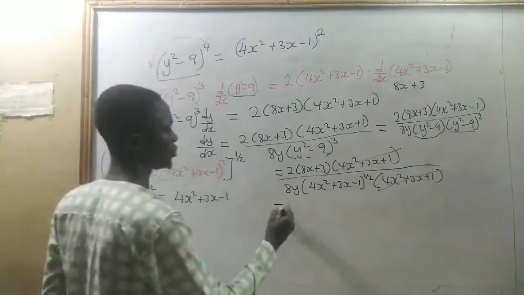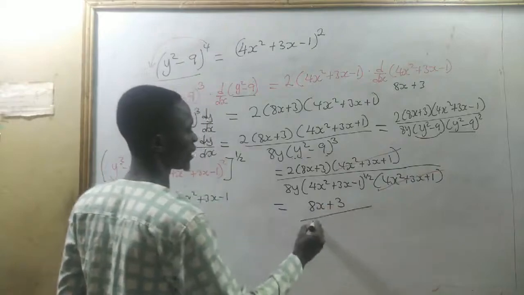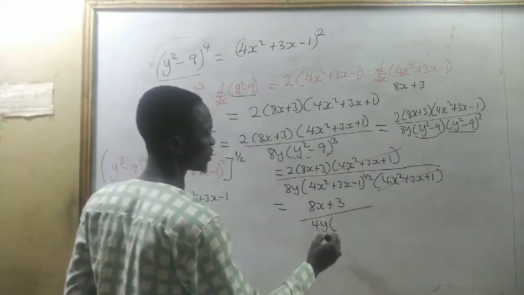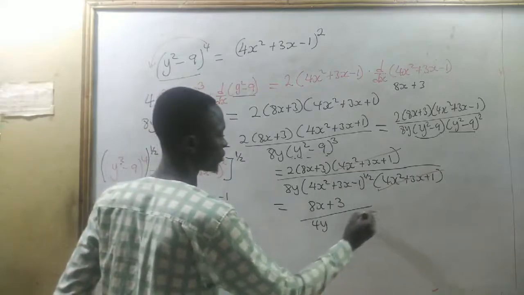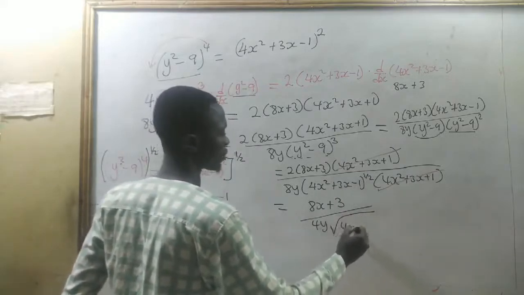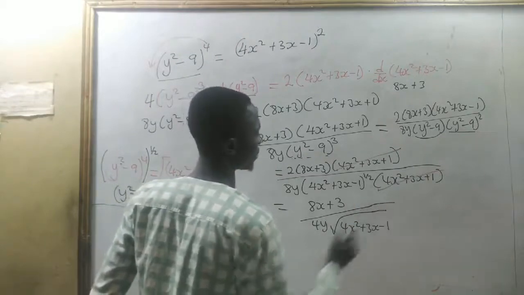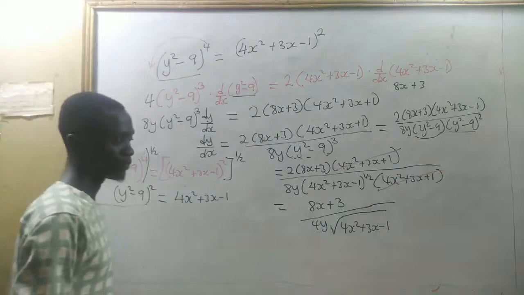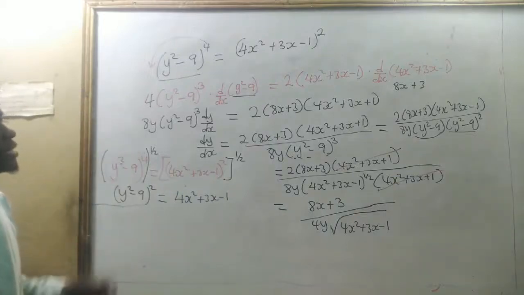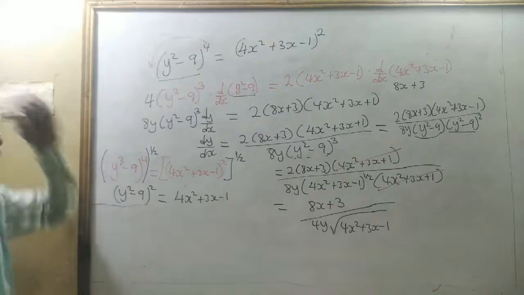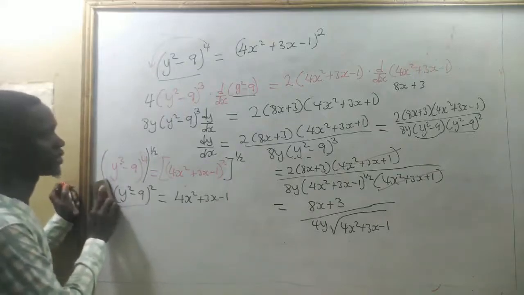And we are going to have 8x plus 3 divided by 4y times power half, which means square root. So I'll bring the square root of 4x squared plus 3x minus 1. Very simple as that. Wow, that is very, very nice. So let's proceed to the next question.